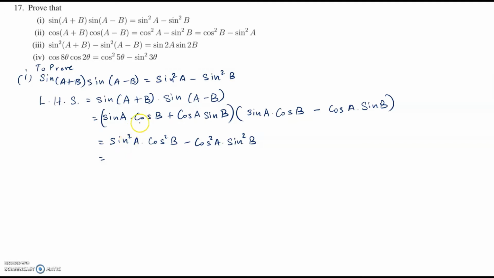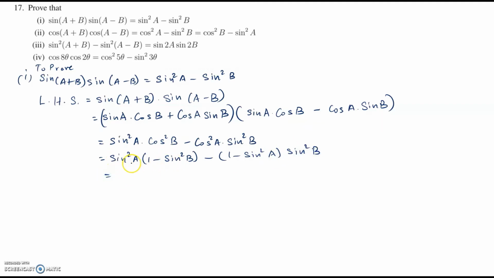Now our solution is all in the sine form. So let's change all the cos into sin. So sin squared a into cos squared b is 1 minus sin squared b. Minus, again cos squared a will be 1 minus sin squared a into sin squared b.